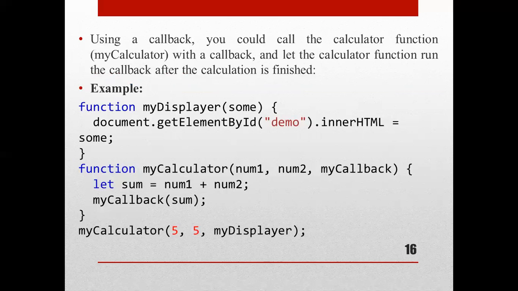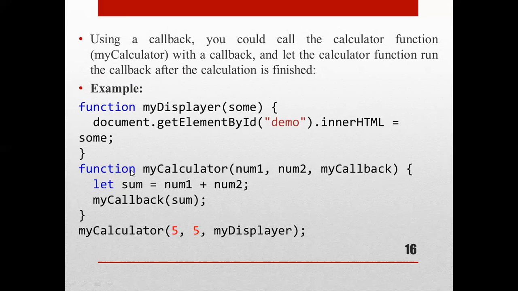We have seen the example for calculation of numbers using a callback. You could call the calculator function, myCalculator, with a callback, and let the calculator function run the callback after the calculation is finished. Here we have function myDisplayer, then function myCalculator with number one, number two, and myCallback. myCallback is another function that we pass as an argument.